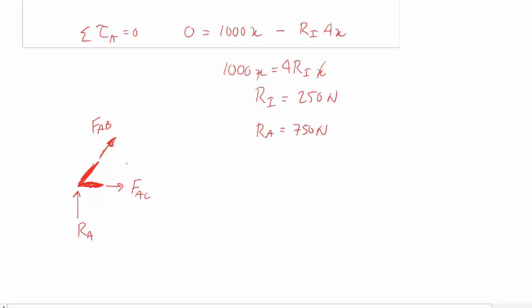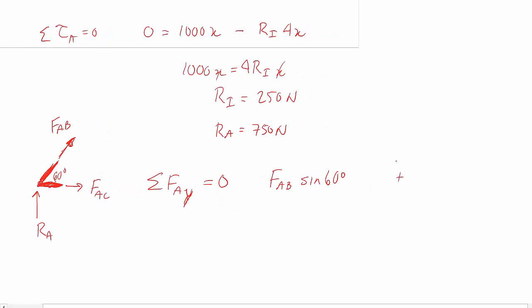So first I'm going to analyze the total forces on A vertically. So the total sum of vertical forces is equal to 0. And this is 60 degrees. So I have FAB sine 60 degrees plus RA equals 0.